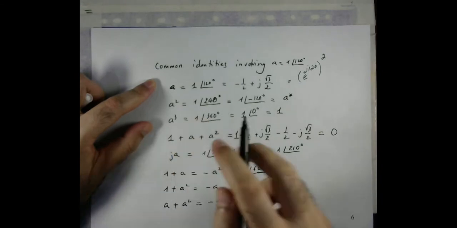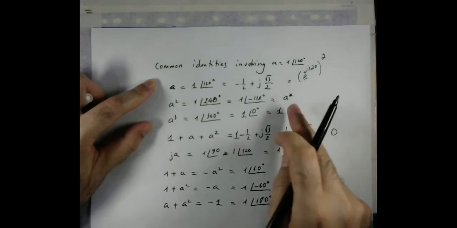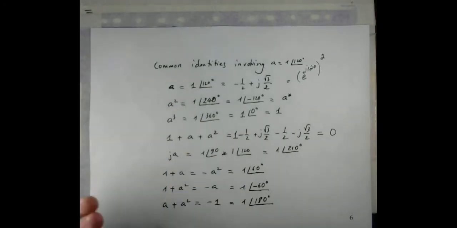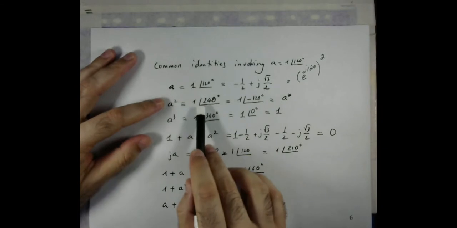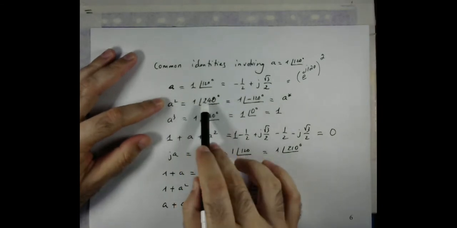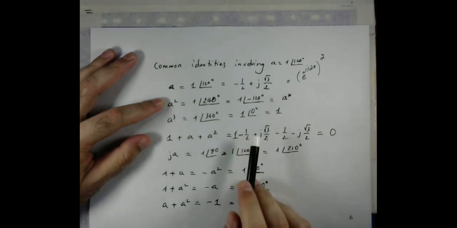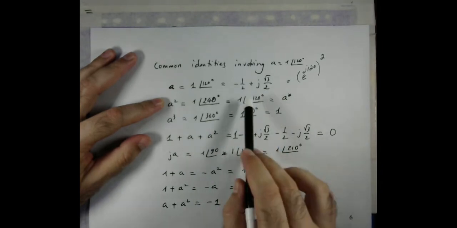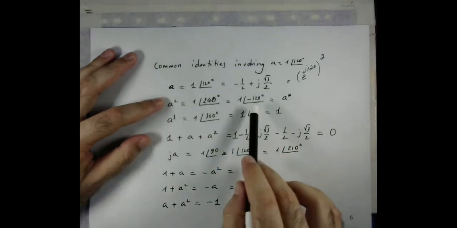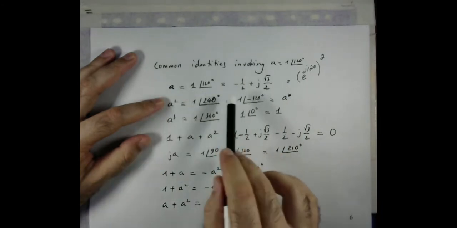And if it is raised to the power of 3, that will become 360. So a squared will be equal to 1 with a magnitude of 240, and we know that 240 is also equal to minus 120. So this will now be the conjugate. A squared is the conjugate of a, because now the angle is opposite to this one.